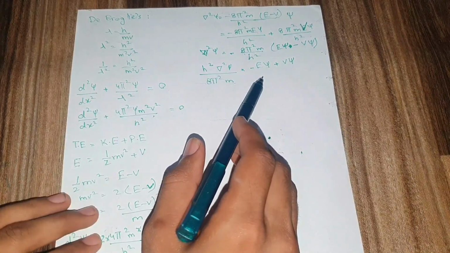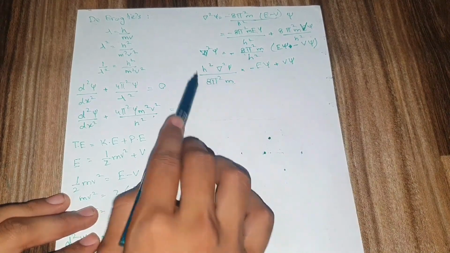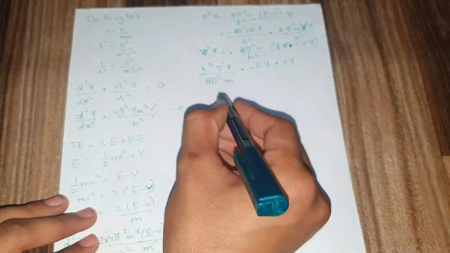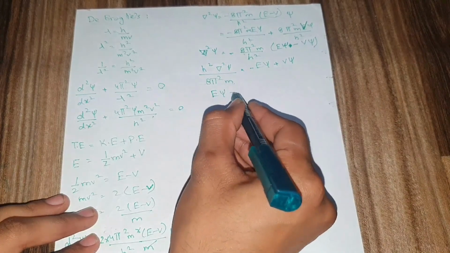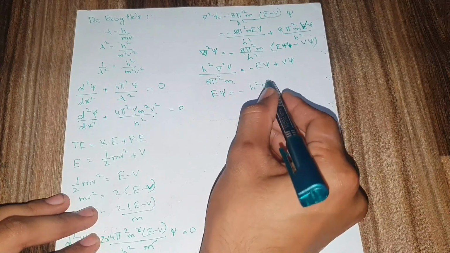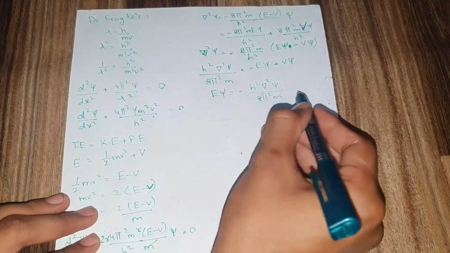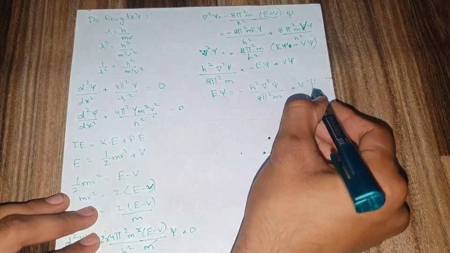The next thing that we are going to do is find the value of E psi. E psi will come here and this part of the equation will go there. So E psi will be equal to minus h squared del squared psi divided by 8 pi squared m plus V psi.